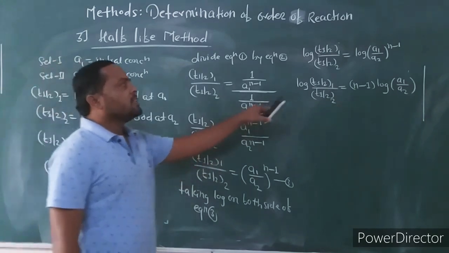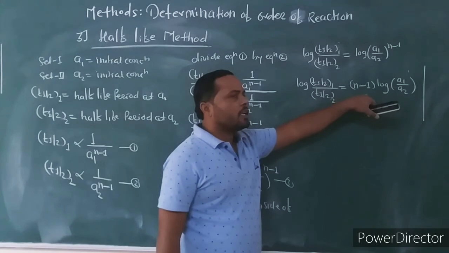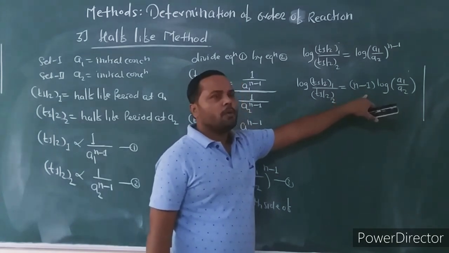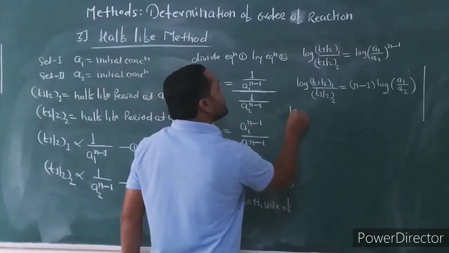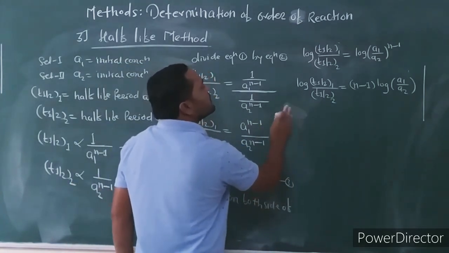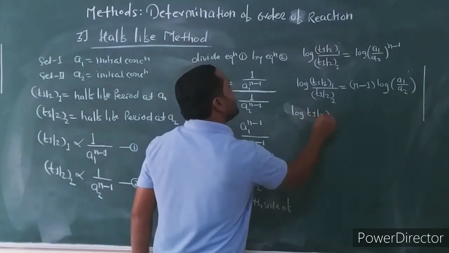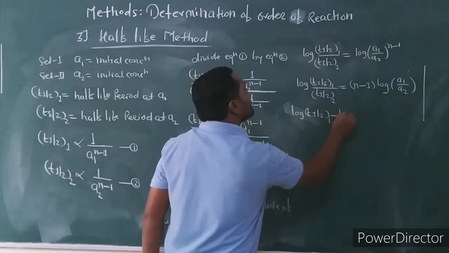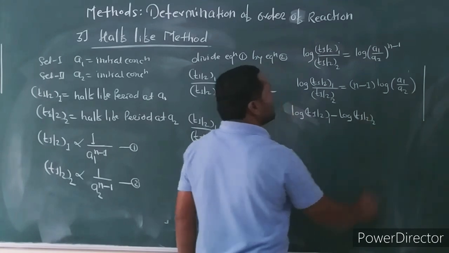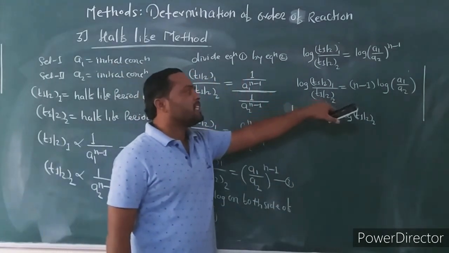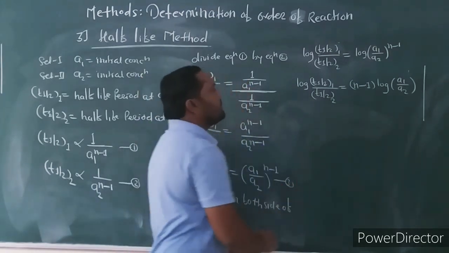Then we can rearrange using the rules of logarithm. Log T half 1 divided by T half 2, we can write as log T half 1 minus log T half 2.